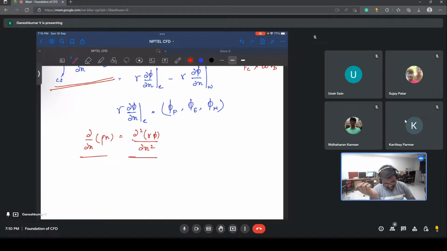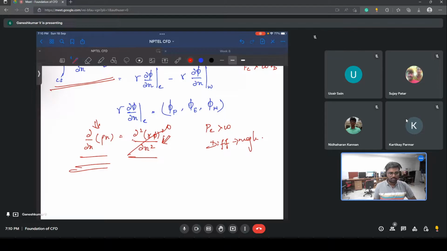If the Peclet number is greater than 10 and you are neglecting diffusion, you will just remove it and solve this equation. At that time, the diffusion part won't come into the picture at all, and the quick scheme applied for convection will come into the picture. Understood?